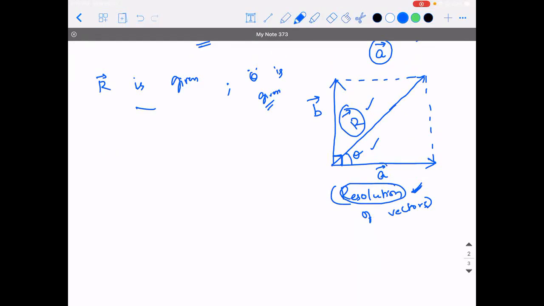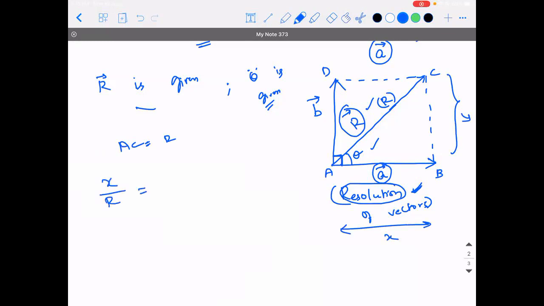So the magnitude of A vector, observe this, the length of this portion is R. If I take this as A, B, C, D, AC is equal to R. If I take this as Y and this as X, then what is X divided by R, guys?